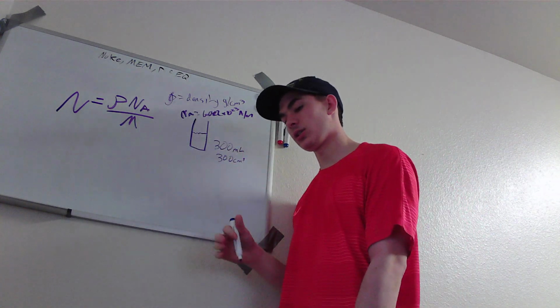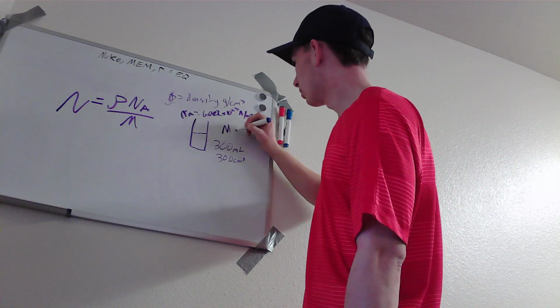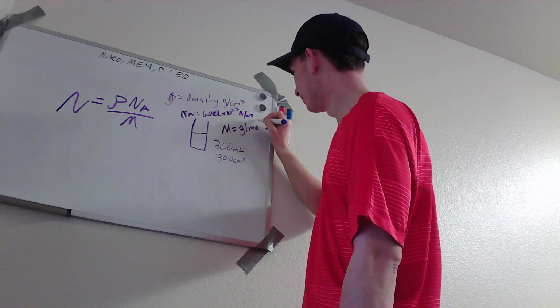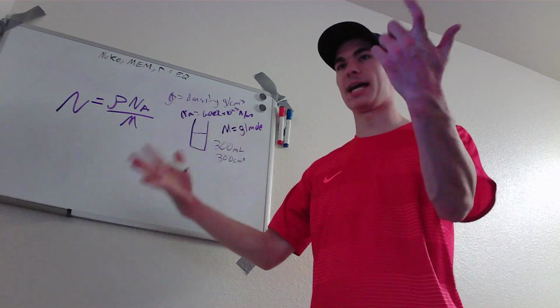Your atomic weight is going to be in grams per mole. And that's your number density.